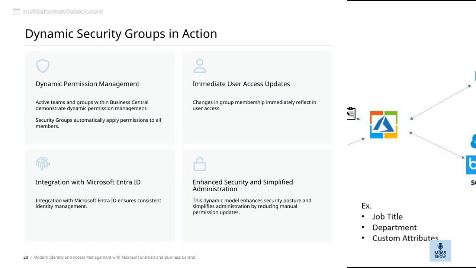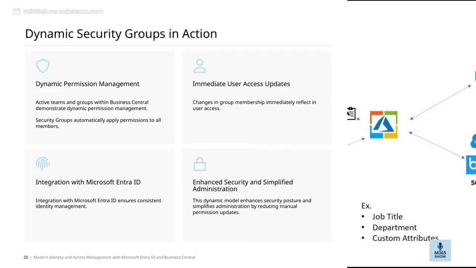Let's take a closer look at how dynamic security groups are really making a difference in action. This slide focuses on modern identity and access management with Microsoft Entra ID and Business Central. What's exciting here is how this dynamic model not only boosts security, but also simplifies administration. Instead of manually updating permissions all the time, the system automatically adjusts, saving us time and reducing errors.